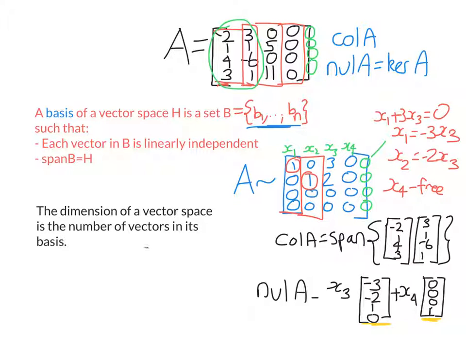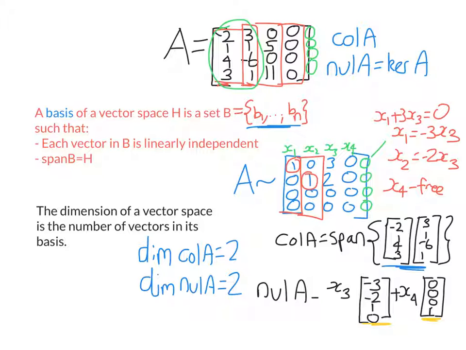So in our example, the dimension of the subspace, which was the column space of A, is 2, because there are 2 vectors in its basis, and similarly the dimension of the null space of A was also 2. So both of these are subsets of R4 because A was a 4x4 matrix. If A was a 5x5 matrix, they'd be subsets of R5.